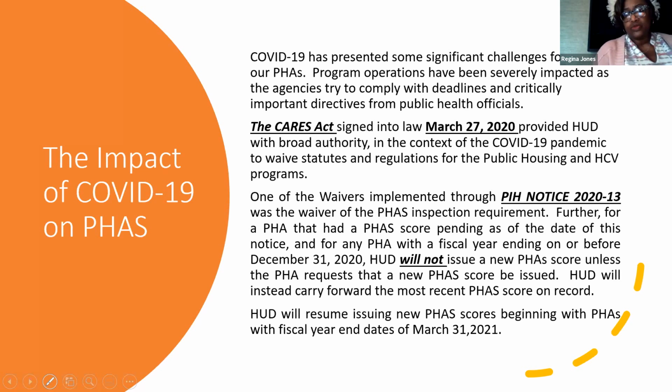What HUD will do instead is carry the score forward. The most recent score will be carried forward, and HUD will resume issuing new PHAS scores beginning with PHAs with a fiscal year end date of March 31st, 2021. If you have any questions about that, please put that in the chat and we can go over that.